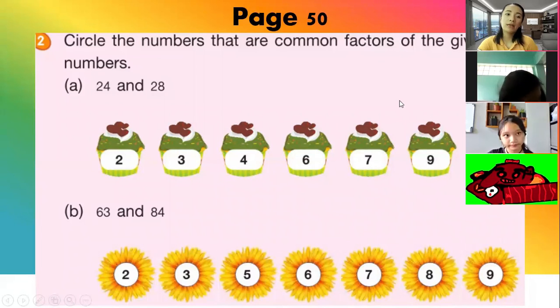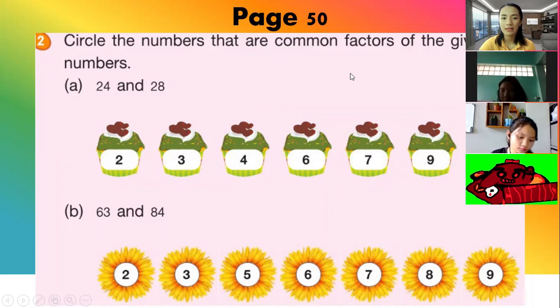What are the two common factors of 24 and 28? 2 and 4. Very good. Next, B, 3 and 84. What are the two common factors? 3 and 7.